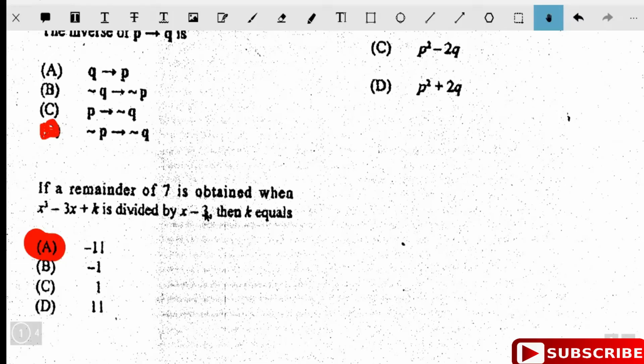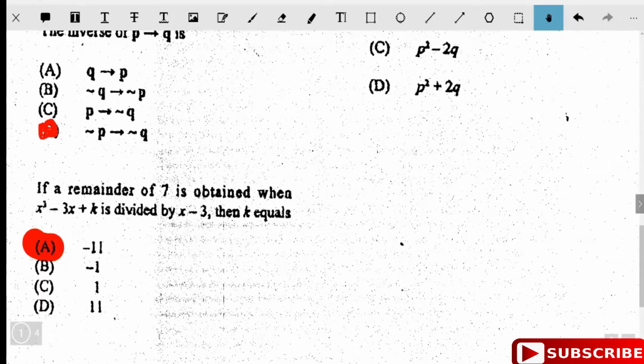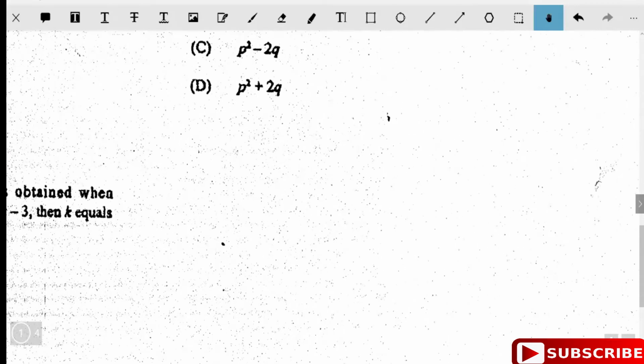The remainder theorem states that if a function is divided by x minus a and leaves some remainder r, then f of a is equal to r. And so we said f of 3 equals 7 in this function and solve for k. This is also a repeat question, why it's already shaded. That's a 2013 repeat, and that is A.